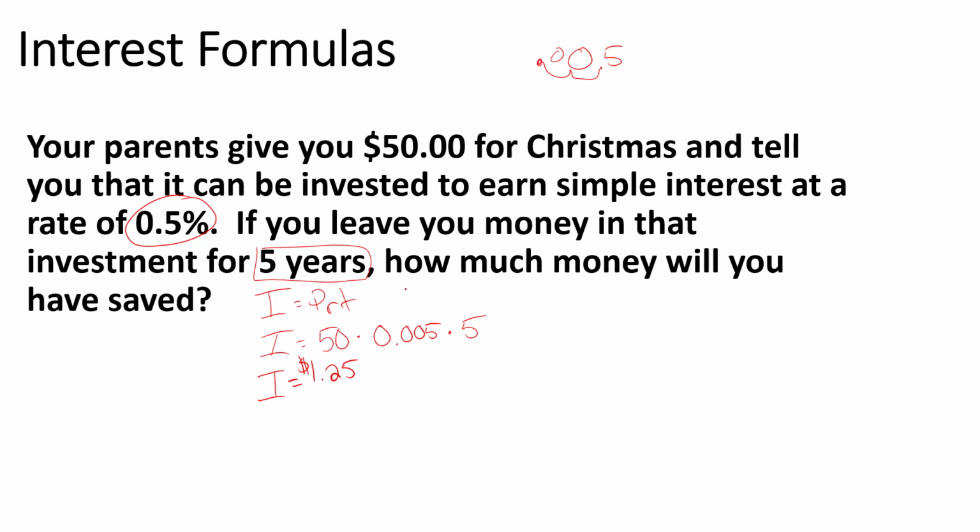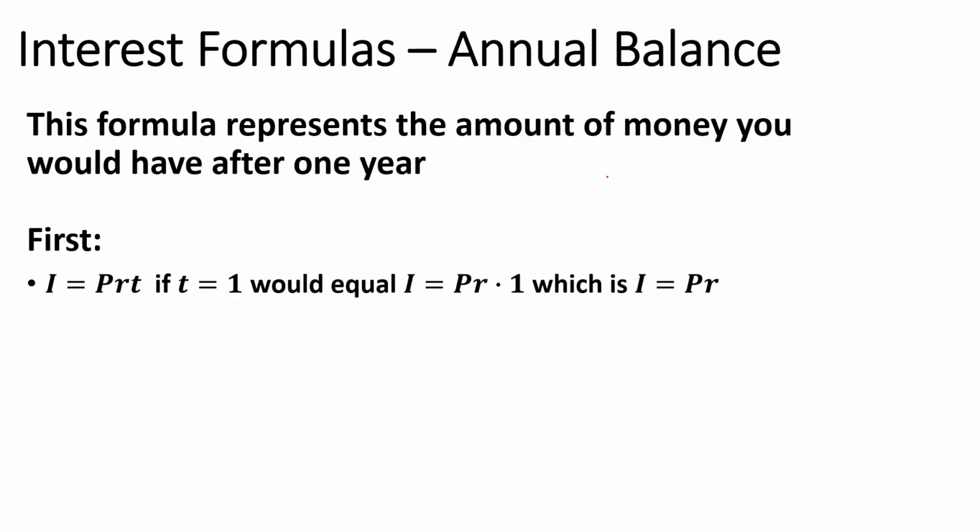Now, we have made $1.25 in interest on the $50 that we originally put away for savings. So altogether, we have saved $51.25. Now, this formula represents the amount of money that you will have after 1 year. I equals PRT, where T represents 1 for 1 year.